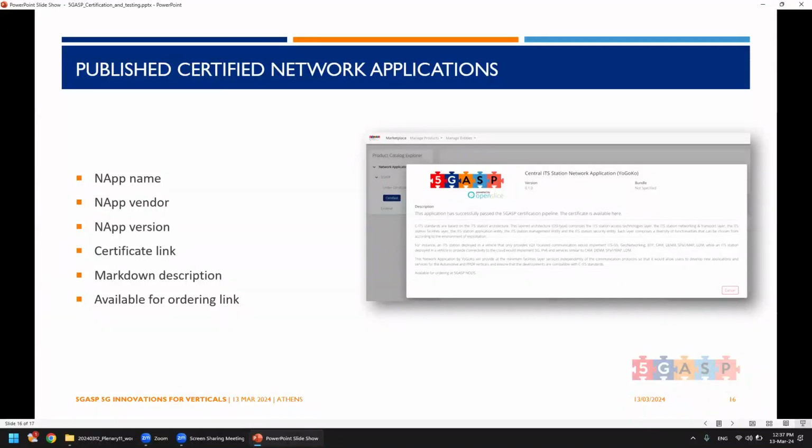And this card, as it can be seen on the screen, comprises the network application name, vendor, and version, the certificate link, and a markdown description that can be anything from links, pictures, figures, or graphs, and a link that directs the user to the deployment environment of the specific application.